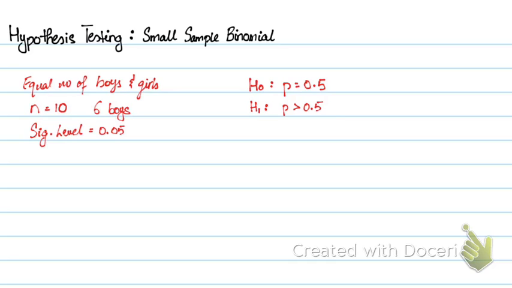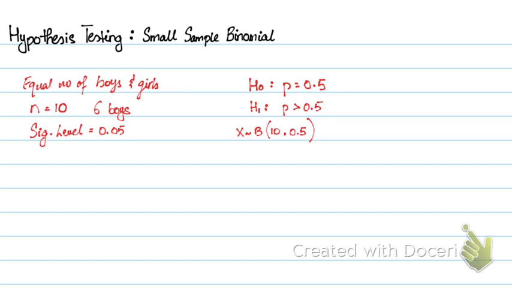Next you set up your sample binomial, that is X follows a binomial with n equals 10 and your probability of success 0.5. Now to carry out the test, all you need to do is calculate the probability of the observed or more extreme values. In this case your observed value is 6, because he observed 6 boys in his sample of 10 children.